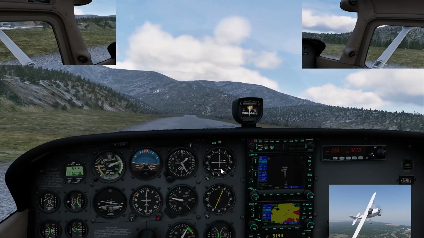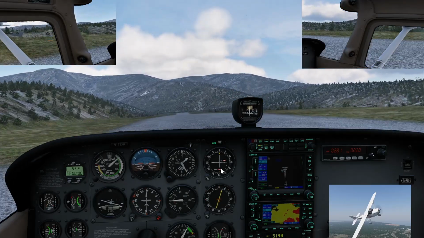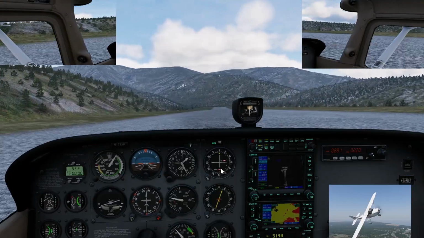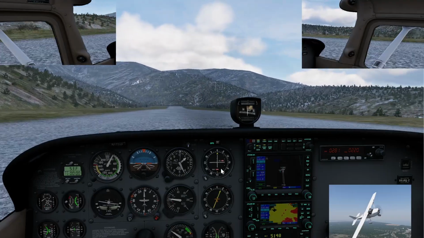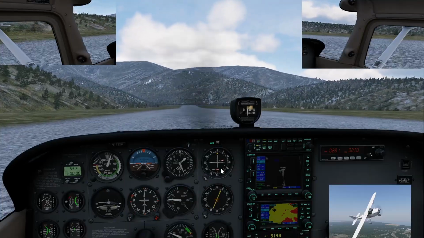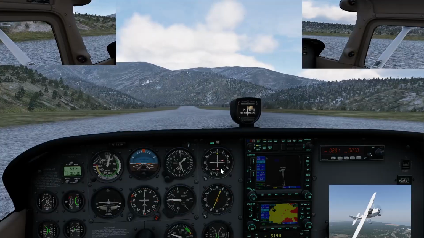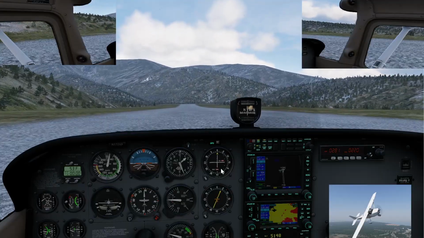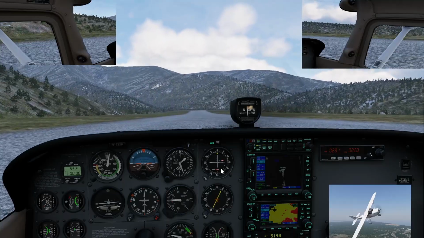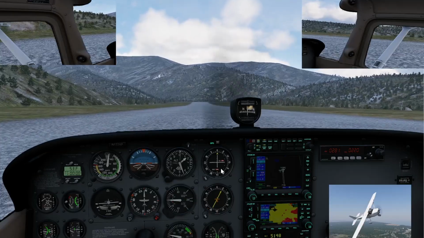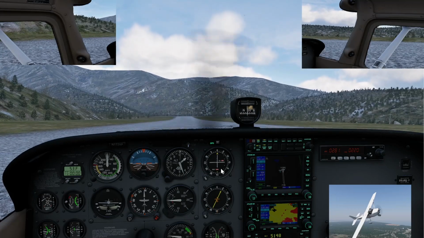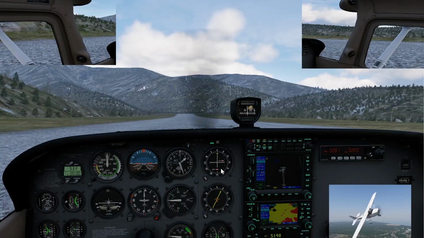Another gust. There's those mountains. Missed approach.